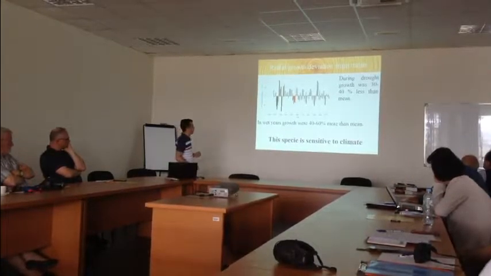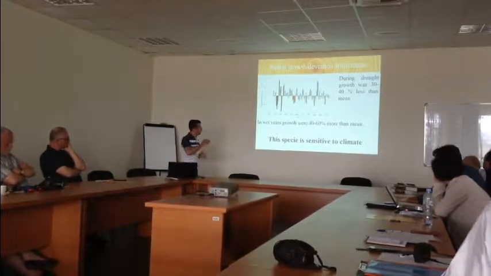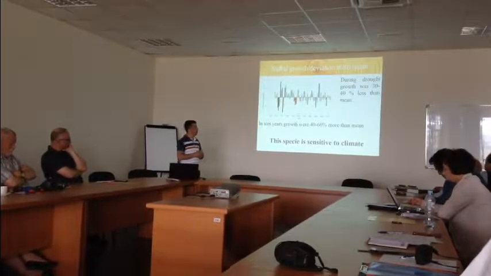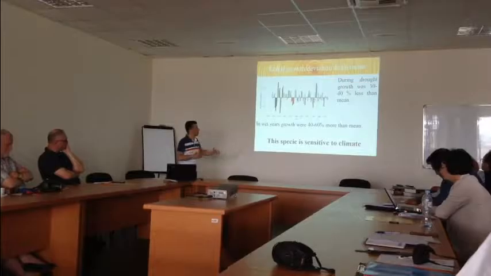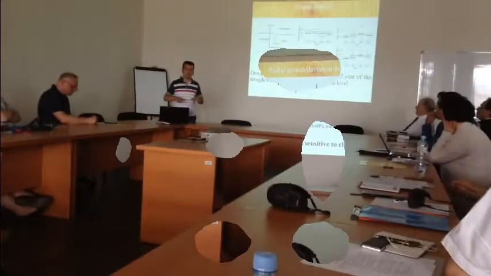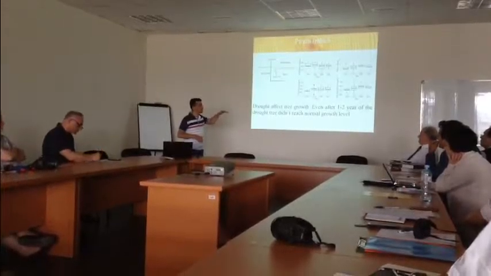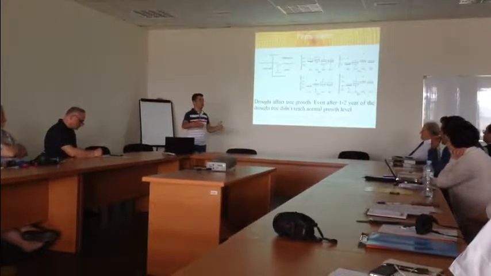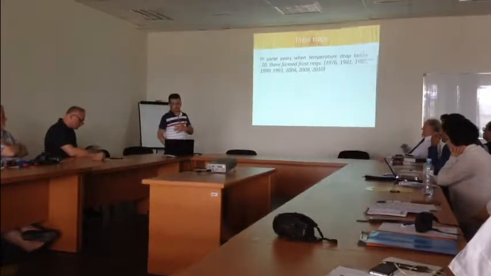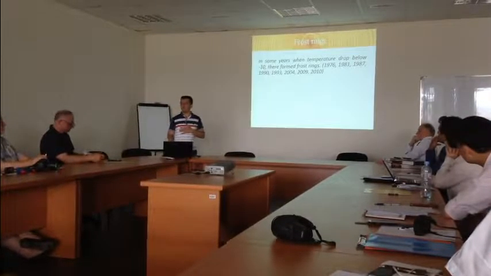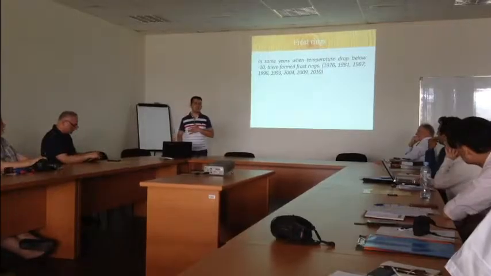I used the radial growth deviation from the mean, comparing it with the years when growth declines in disturbed areas. The drought effect was felt even the next year, or there are frost rings. Frost rings in Europe are not a normal case.